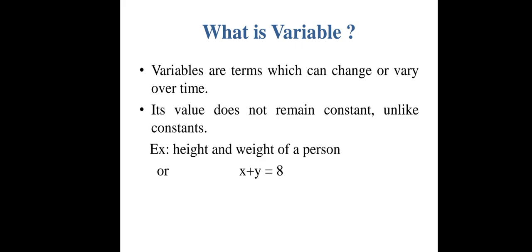With respect to time, the height will change and the weight of a person will also change. Take an algebraic equation similar to the previous one, x + y = 8. Last time we took 8 as a constant, right? But we don't know the values of x and y. We can take x and y values from minus infinity to infinity, but we don't know the specific value. So from this equation, x and y are the variables.